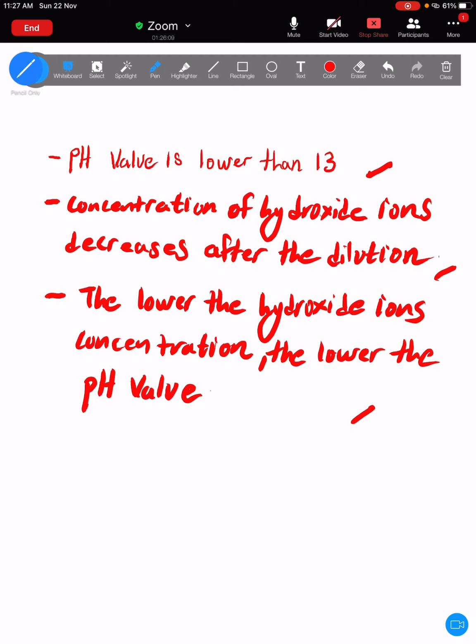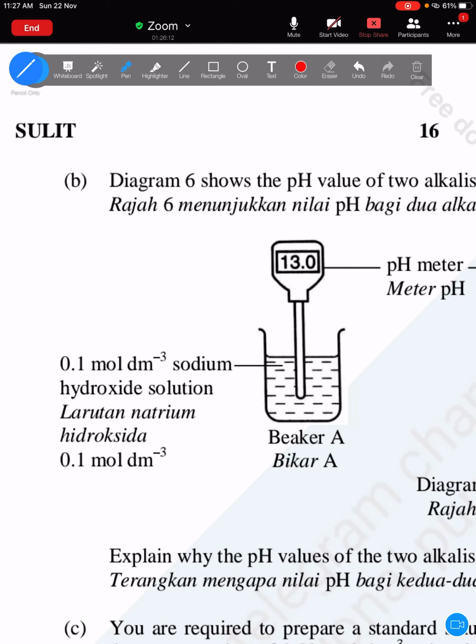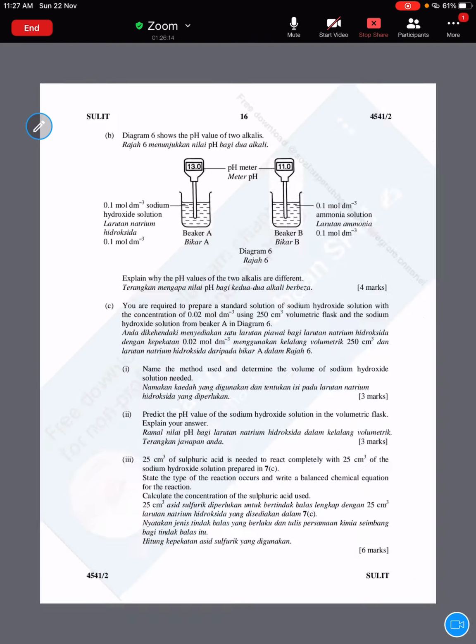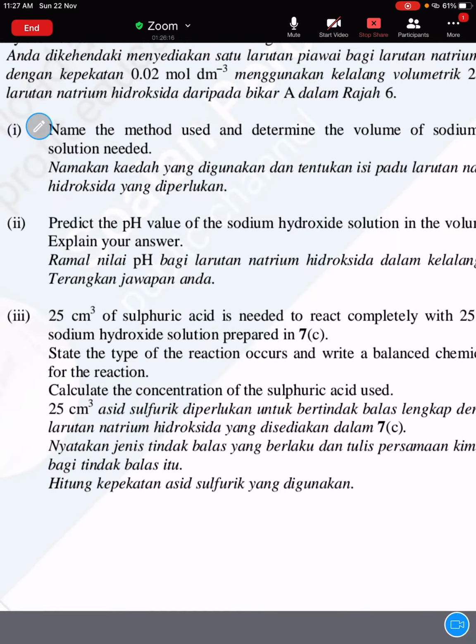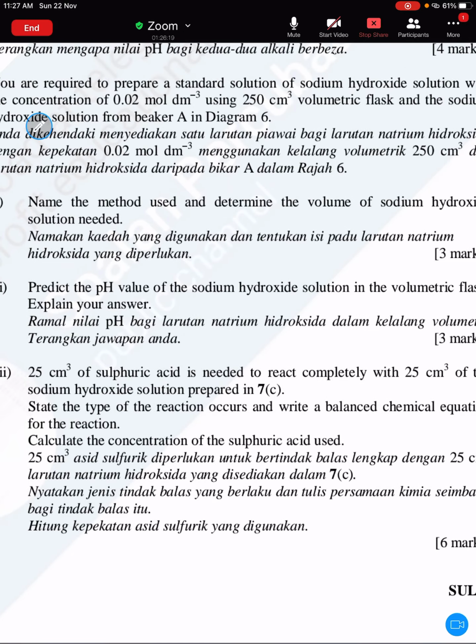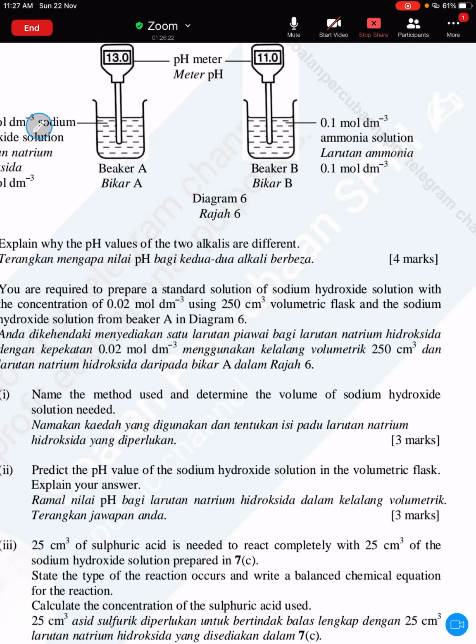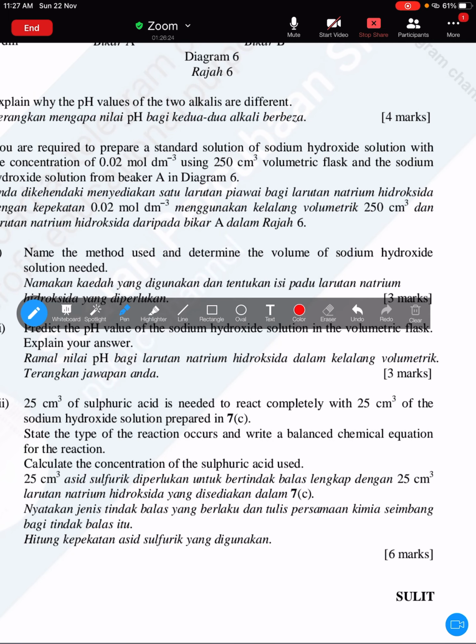Okay, I'm going to erase this and go back to the question. Okay, this is quite a long question. Don't make mistakes. Let's understand the question clearly. 25 cm cubic sulfuric acid, so I have H2SO4 over here, is needed to react completely with sodium hydroxide, NaOH.